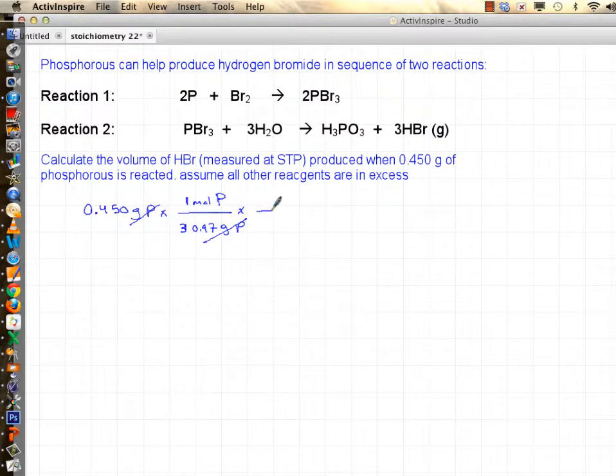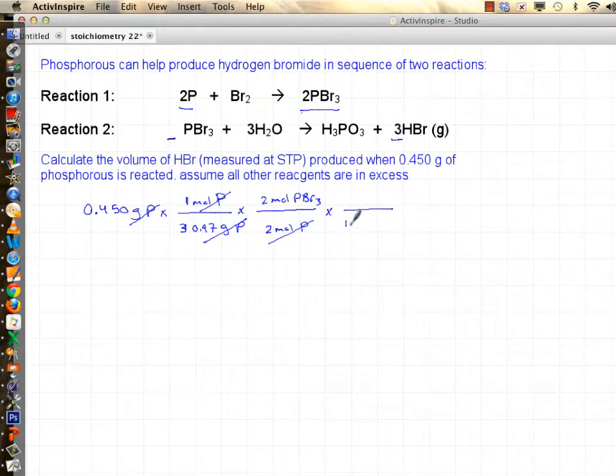Then I continue. Looking at my first equation, for every 2 moles of phosphorus, I will produce 2 moles of PBr3. So 2 mole phosphorus, 2 mole PBr3. They cancel each other out. If you stop here, you will find moles of PBr3. Now we go after the second equation, which is 1 to 3.